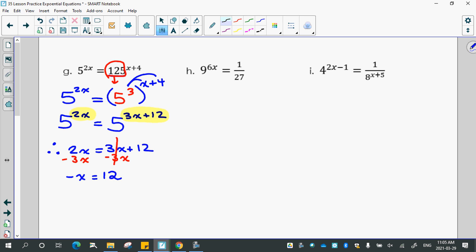But I need to know positive x, so I'm going to divide both sides by negative 1. So it turns out that x should be negative 12. So that's the solution of your exponential equation.